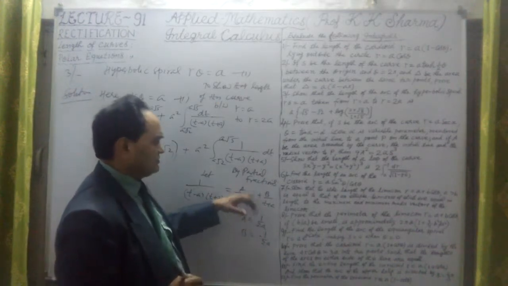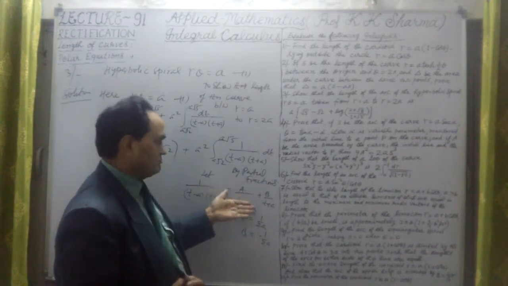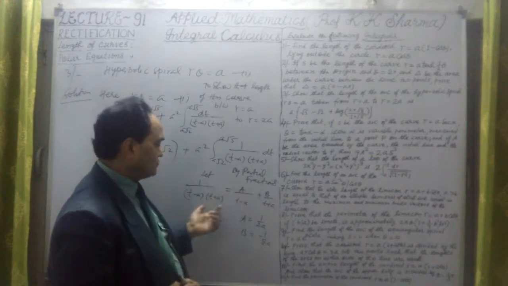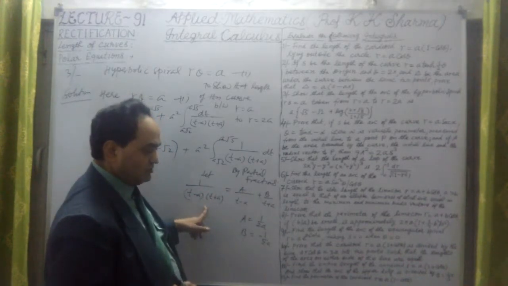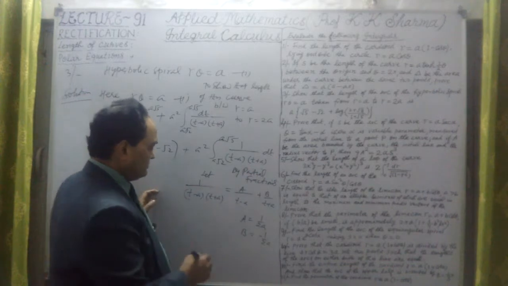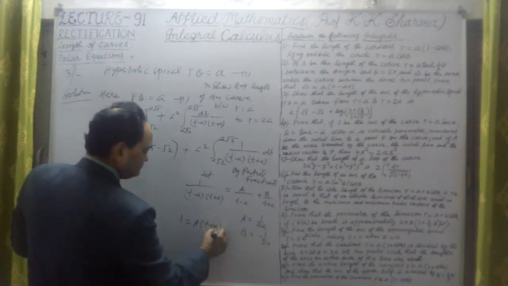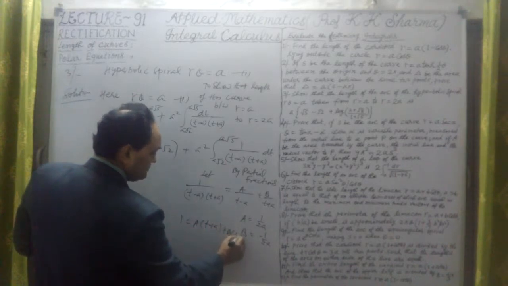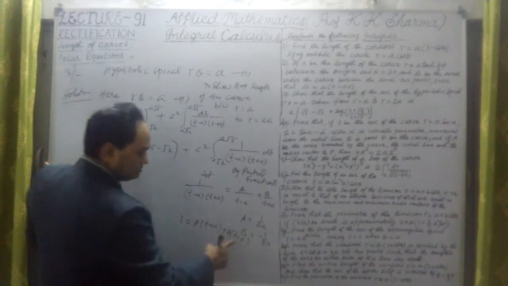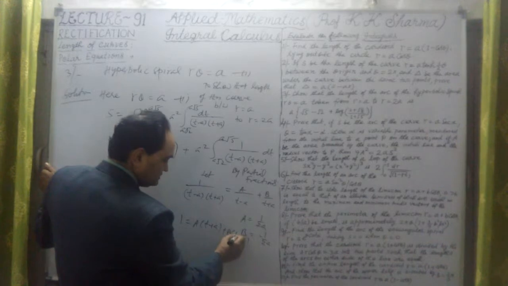Or we can solve it by making an equation. If I cross multiply the denominator to the left hand side, it will be 1 is equal to A into (t plus a) plus B into (t minus a). Now solve this equation by equating coefficients.